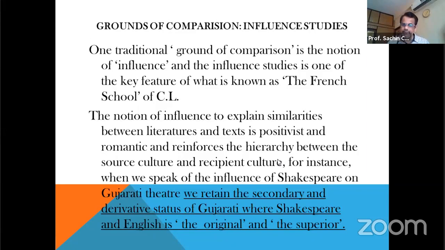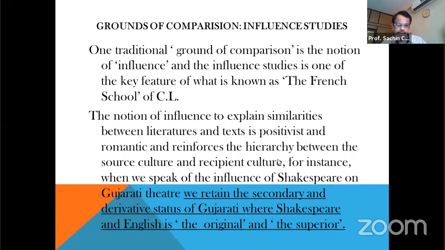So when we speak of influence of Shakespeare on Gujarati theatre, we retain the secondary and derivative status of Gujarati, where Shakespeare and English is the original and hence superior, while the Gujarati theatre is considered inferior. So the model of influence studies retains this hierarchy, and hence it's a problem. At the same time, it's very positivistic, means it's based on empirical research.